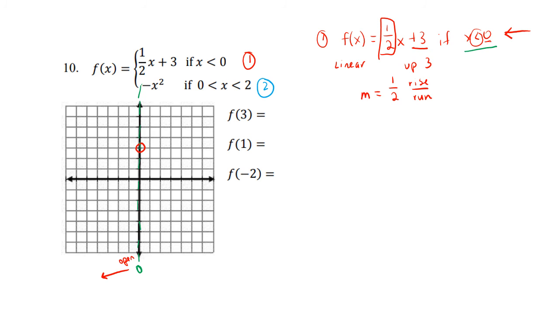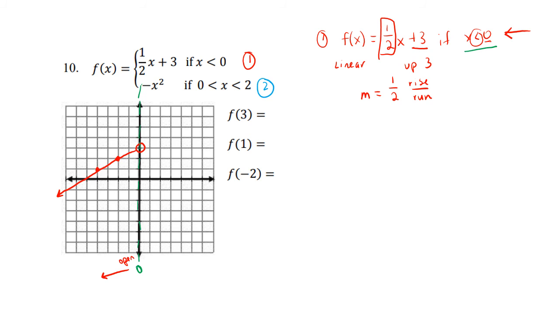If we use our slope normally, we go up 1 to the right 2, we're on the wrong side, right? We need to be on the left side. So instead of going up 1, right 2, let's go down 1, left 2, same exact slope, same exact line. It's just now we're on the left side. Math's crazy. But that gets our linear piece done.